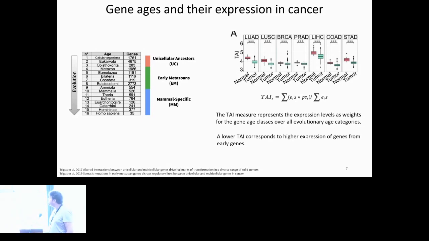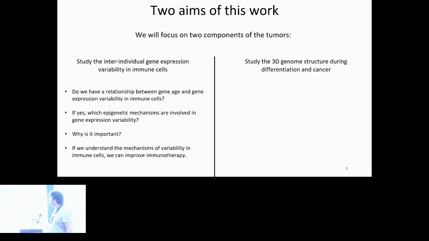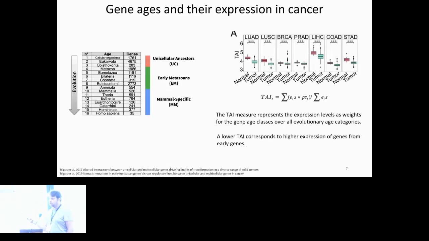They used the transcriptomic age index, TAI, to measure the expression level. A low TAI corresponds to higher expression of genes from early genes. Here you have the 7 tissues, and we observe that in tumors the TAI is low, so you have higher expression of genes from early genes. This result shows that the atavistic cancer is not just a theory.